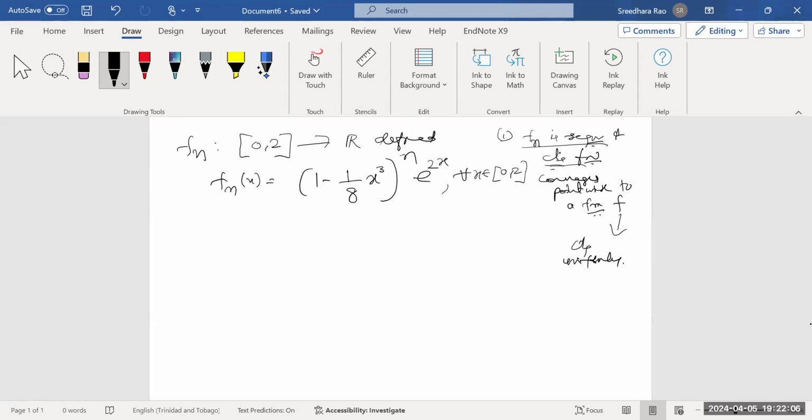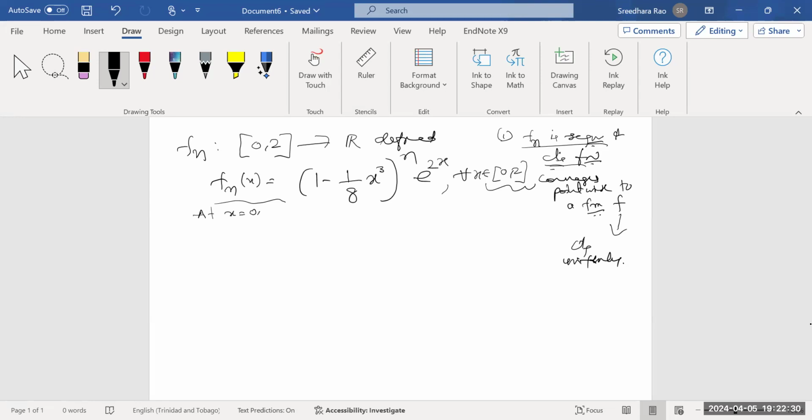Keep in mind, once it is a closed interval, first you have to find the convergence at x equals 0 and x equals 2, the endpoints, and then in between. So first we will see the endpoints.